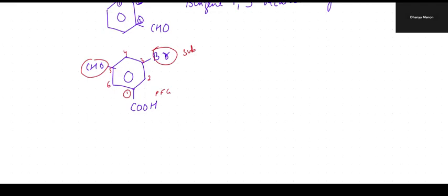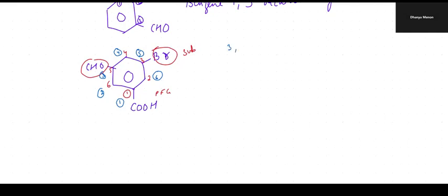If we number it the other way around, acid is always the primary functional group, so it will get the first position, second, third, fourth, 5, 6. So here, either way we number, the substituents are at the third and the fifth position.